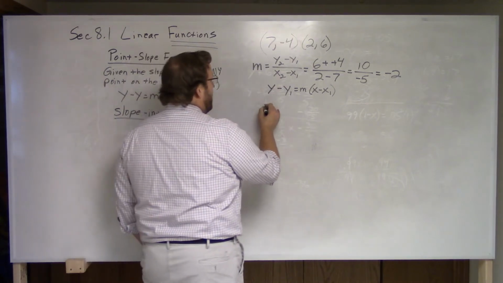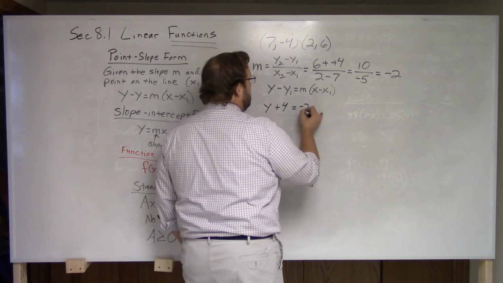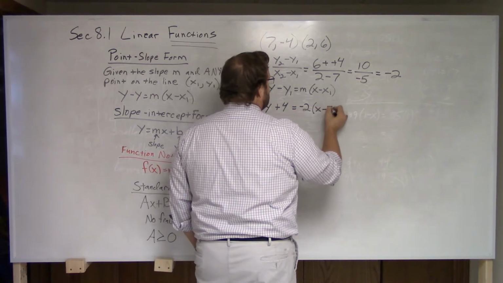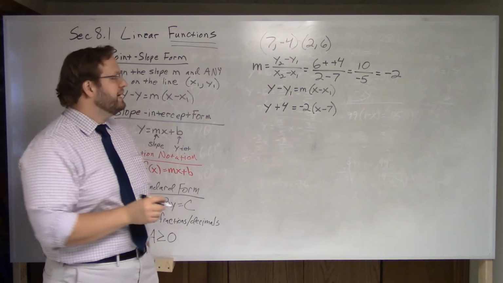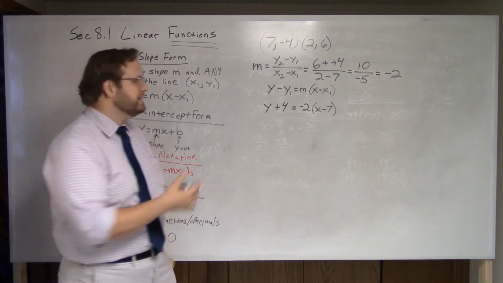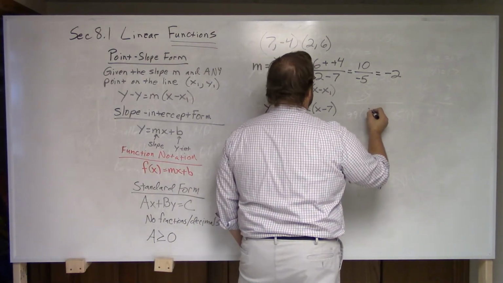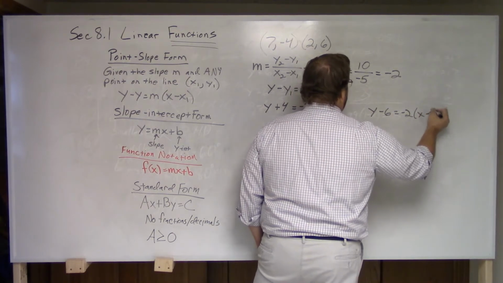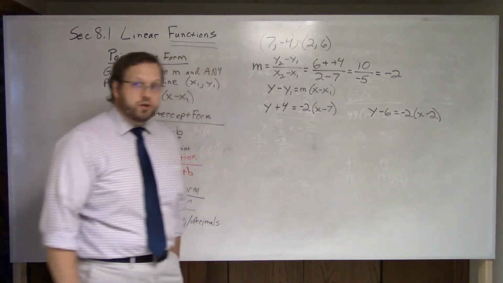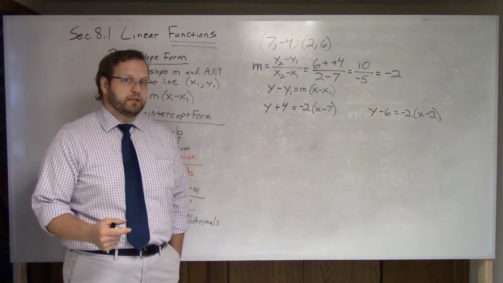Then I would have y plus 4 equals negative 2, then x minus 7. Okay? If you're like, I like the number 6, that's my lucky number, then if you're picking that, your point slope form would look like this. Both of those are correct. Okay? Point slope form is not a unique form for any given line.